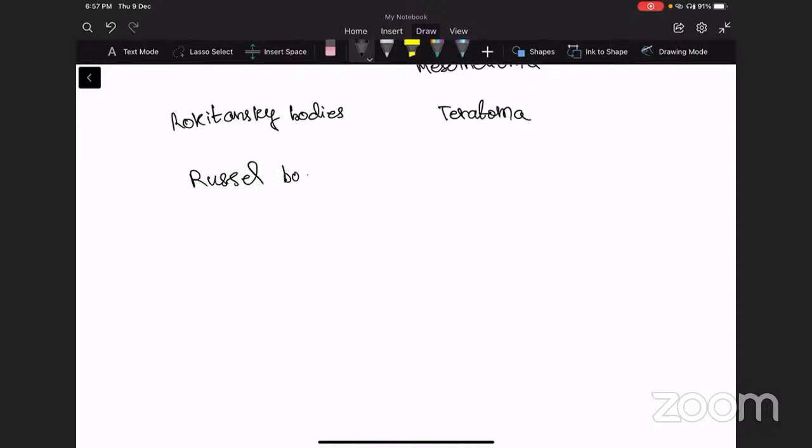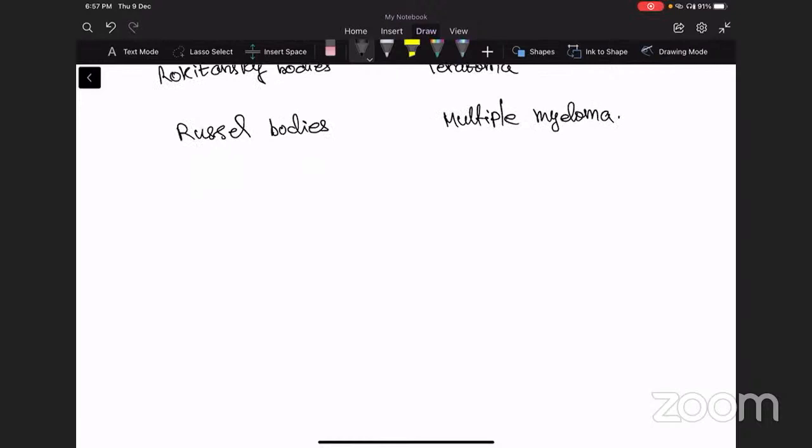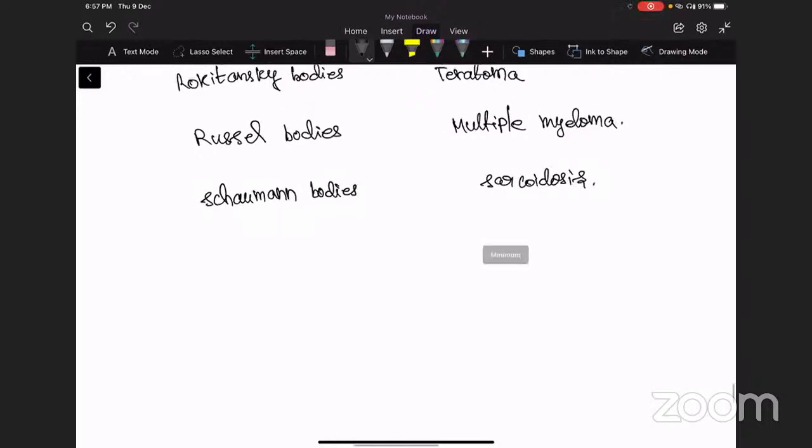Russell bodies seen in multiple myeloma. Schaumann bodies are seen with sarcoidosis.